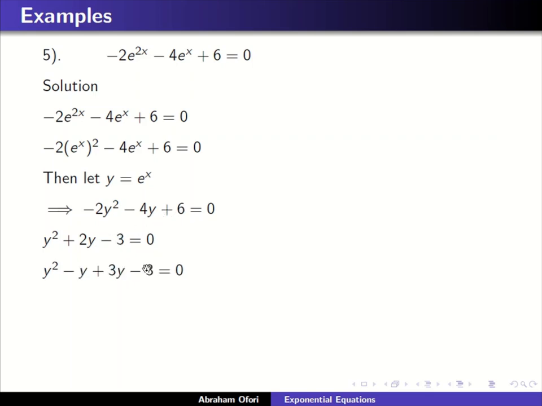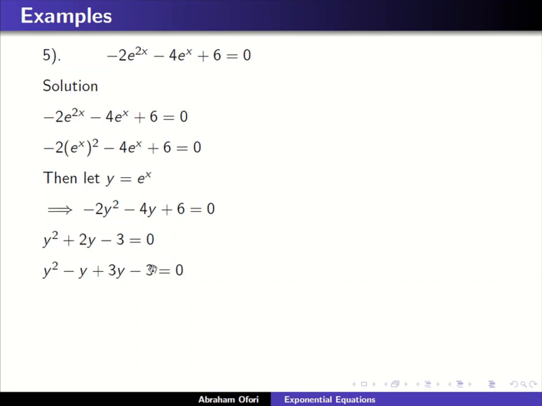Alright. So now solving this quadratic equation, you multiply the coefficient of this side, which is 1, by this, which is negative 3, and you find the factors that when you multiply, you get negative 3, but when you add, you get this number 2.